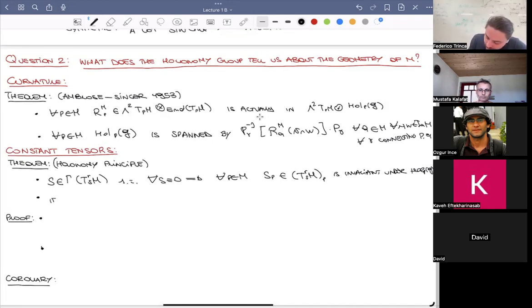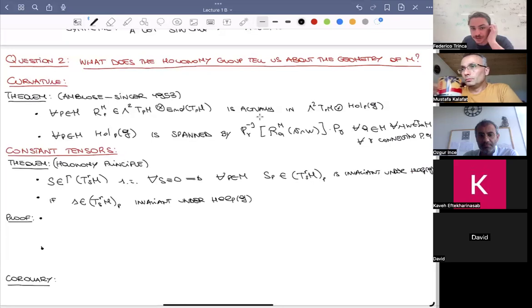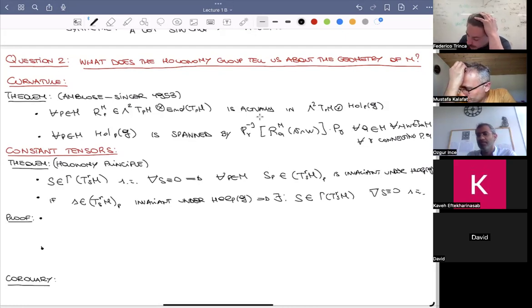And on the other hand, if I have S, an element of T^r_sM at P, which is invariant under the holonomy action of G, then there exists a unique tensor which is parallel, and such that this tensor at P is equal to S. So essentially, if I'm invariant under holonomy, I can use parallel transport to define a global tensor.